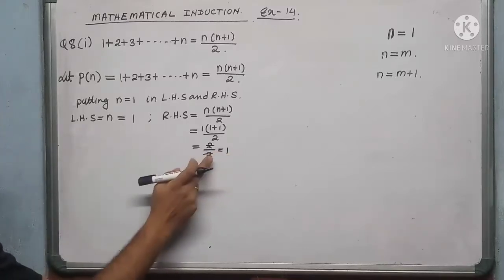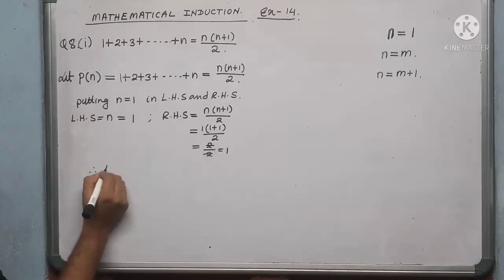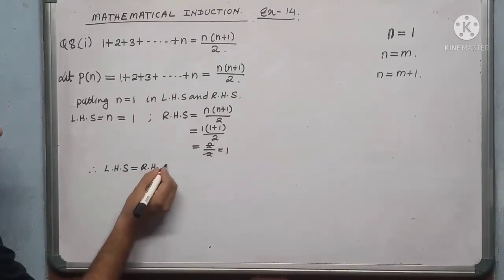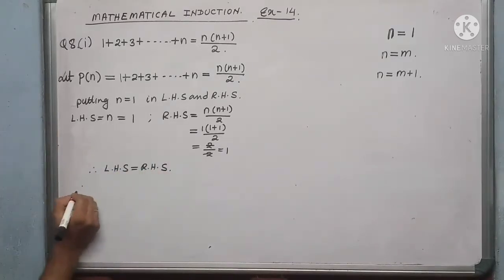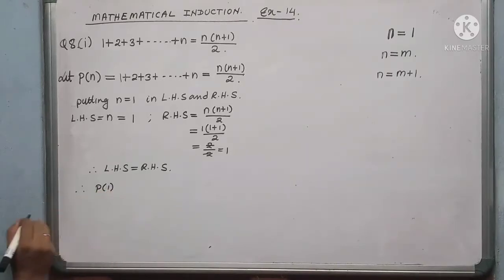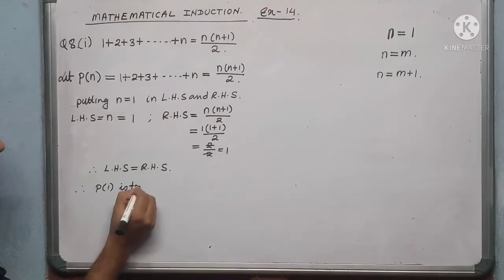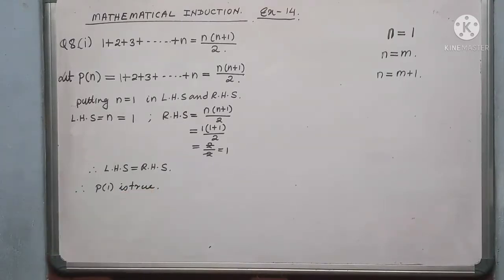Left hand side is 1, right hand side is 1. Therefore LHS is equal to RHS. Then we can write P1, which means n equals 1, is true. The first step is satisfied. The left hand side is equal to the right hand side, so we can say P1 is true.